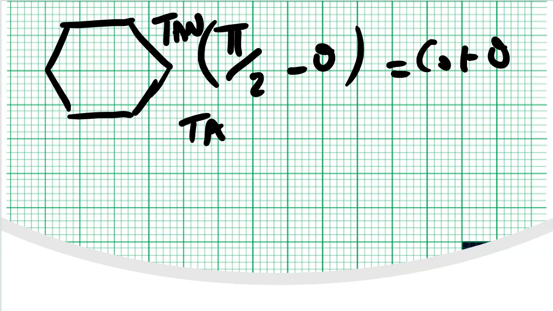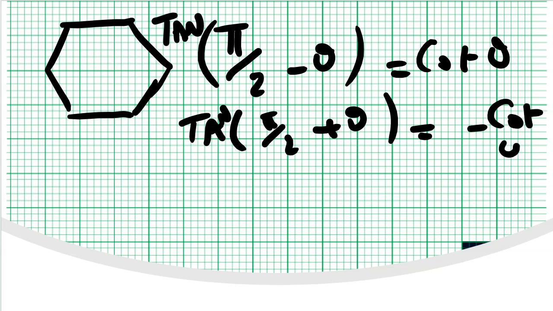And if I go tangent of pi over 2 plus theta in quadrant 2 for an obtuse angle, I should get minus cotangent theta, because the cosine is negative and the tangent is sine divided by cosine. So that makes a lot of sense.